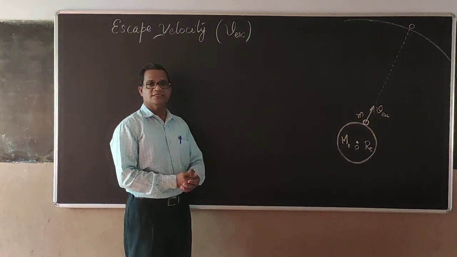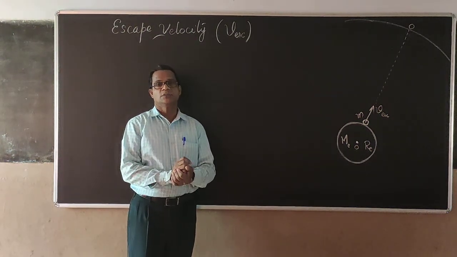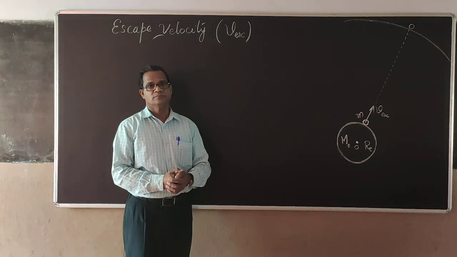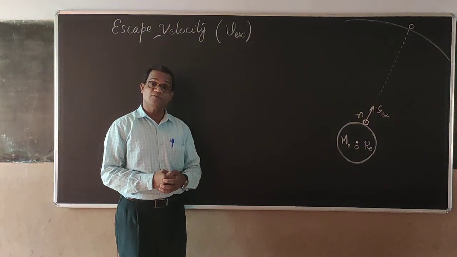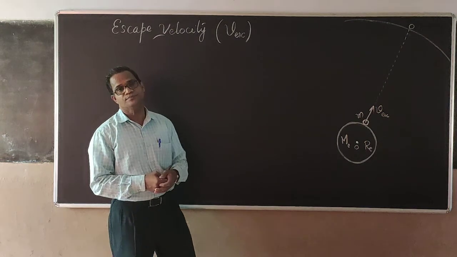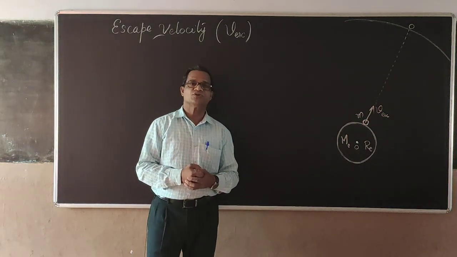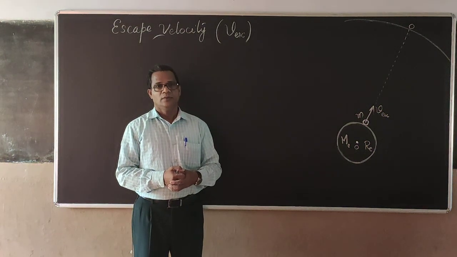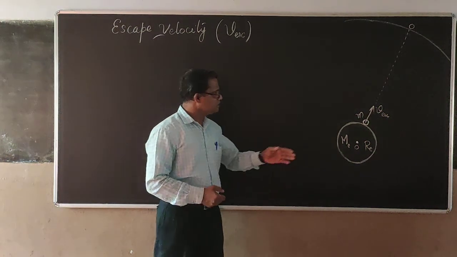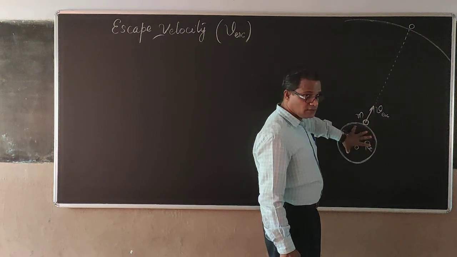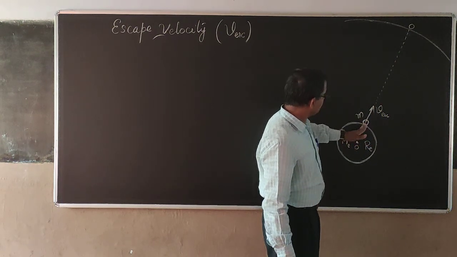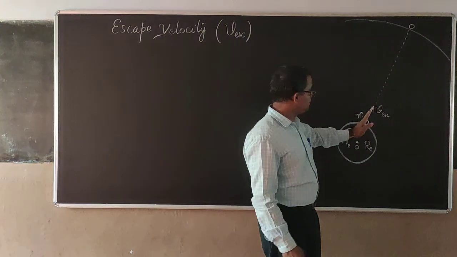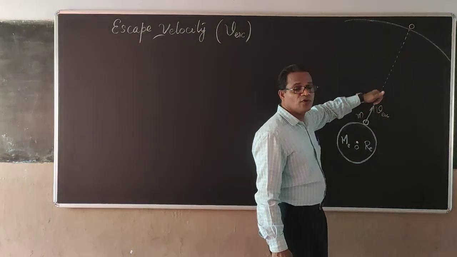Now we are going to discuss a new term called escape velocity. Velocity required for escaping from the attraction of a planet. Now you see from this one, this is Earth, and I am throwing a body up. If I throw it with a small speed, it goes to a certain height and falls back.